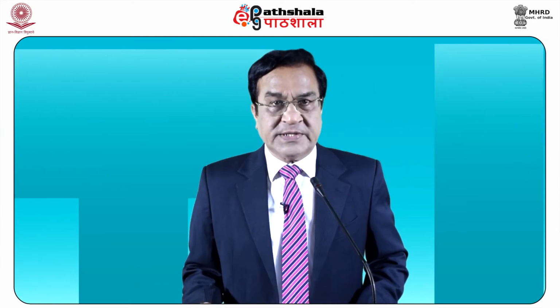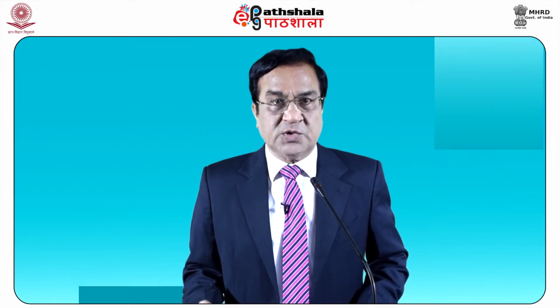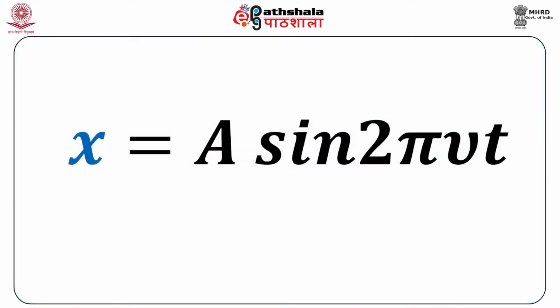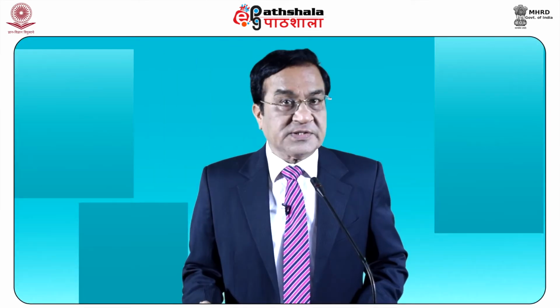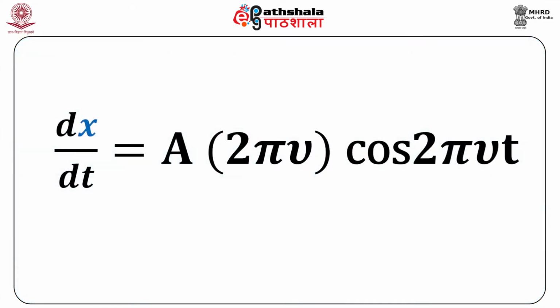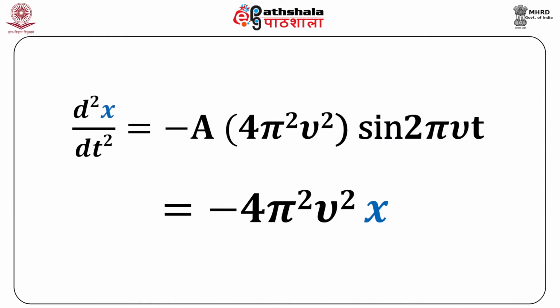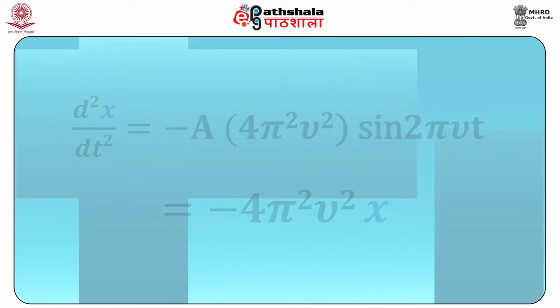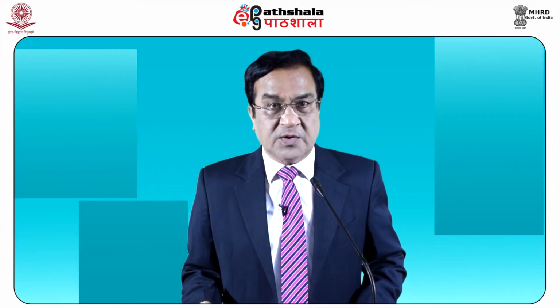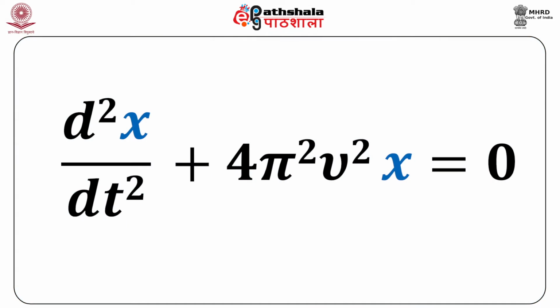Now if one tries to solve this equation, the solution is x is equal to a sine 2 pi nu t, where nu is the frequency of the vibration. If we take its first differential and then second differential, we find that d2x by dt2 is equal to minus 4 pi square nu square x. In other words, we have another equation, d2x by dt2 plus 4 pi square nu square x is equal to 0.